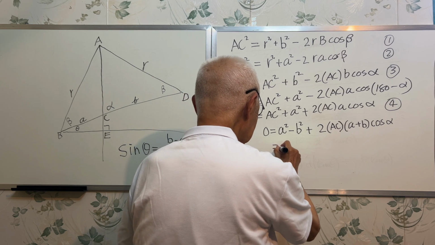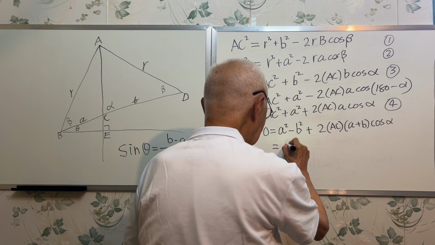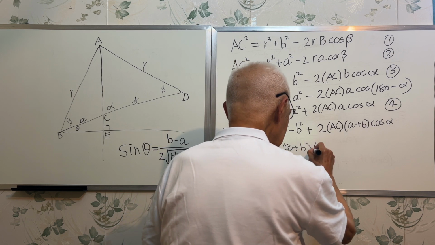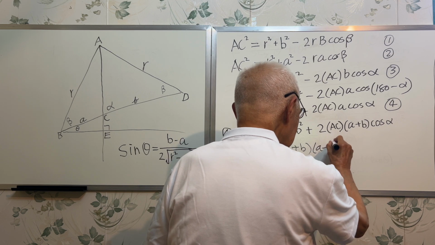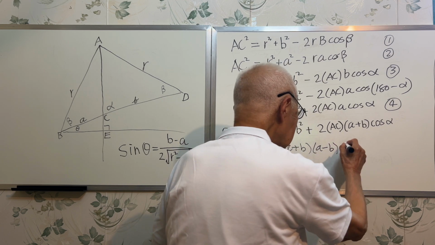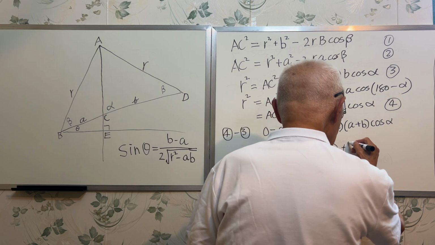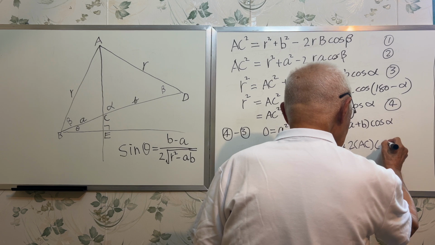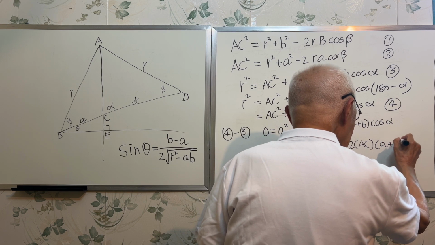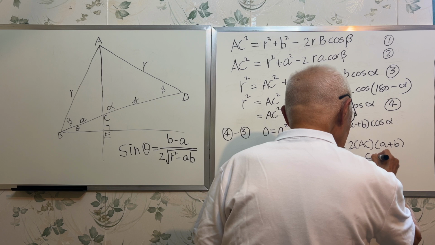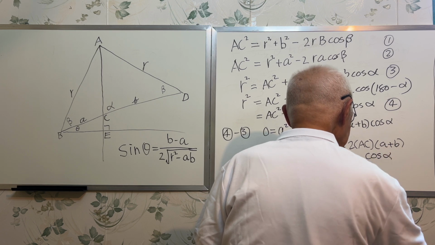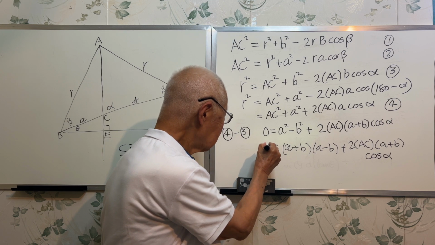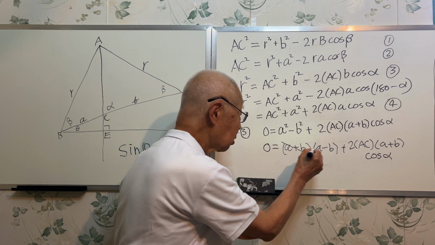Now I factor a squared minus b squared. Because the left side is 0, I can cancel a plus b now.